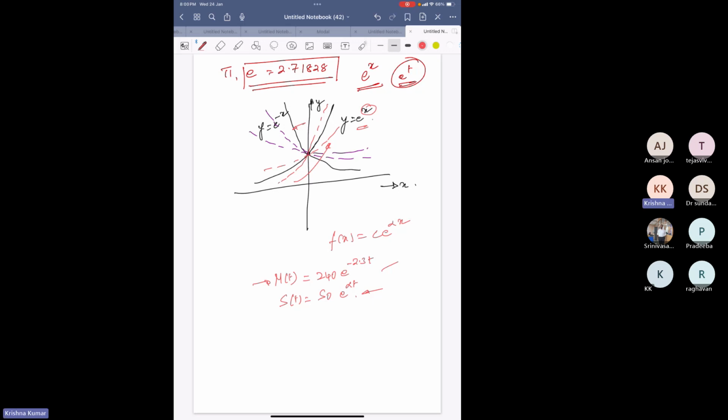Now, what is your interest? Your interest is what is called the half life. At what time does the initial bolus that I give reduce to half? Let us say that the half life is given as T of H.